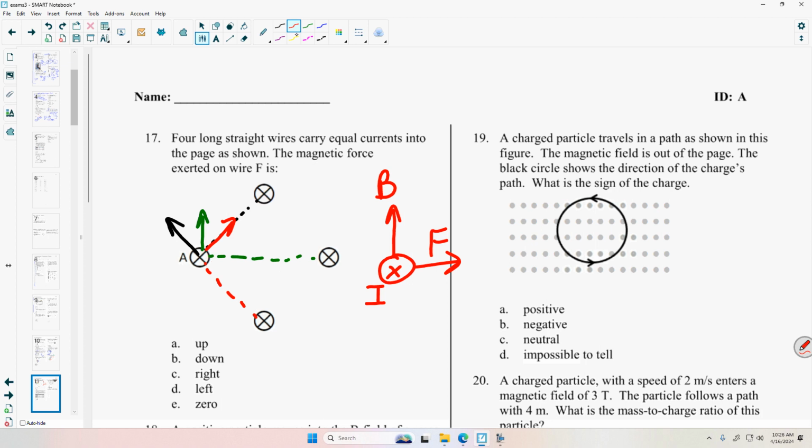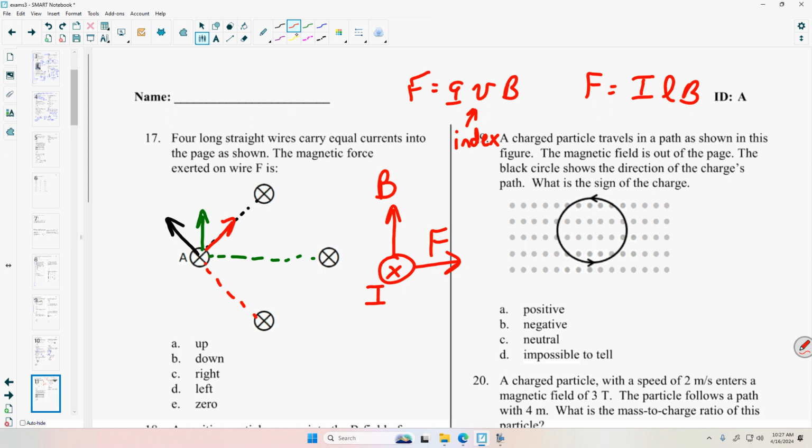Okay, so if you want to write this on your fingers, that's fine. There are two applications, right? F equals QVB, and then F equals ILB. Those are the two equations, and the right-hand rule that's associated with it: V is your index.